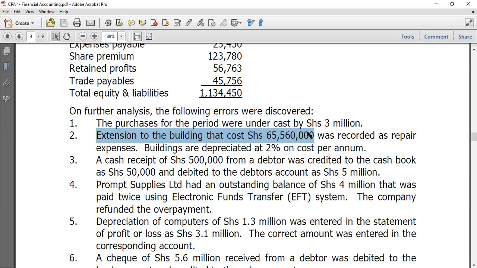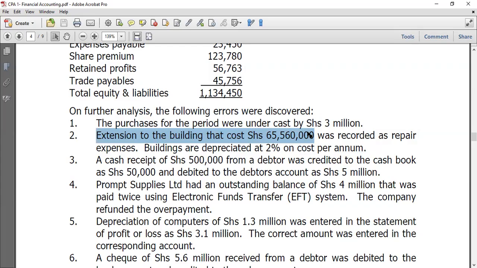Remember, we have two things: a revenue expenditure and a capital expenditure. Every time we are extending a building, we actually have a capital expenditure, and so we should debit our buildings account instead of debiting the repair expenses account.